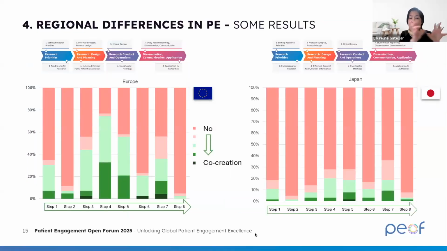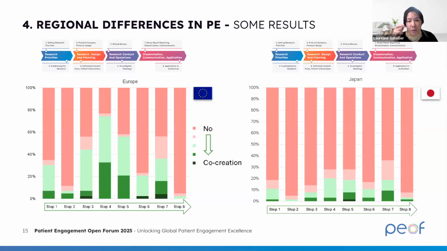So I showed you the tool. Now I show you what we could extract from the tool. You see on the left, Europe. On the right, Japan. You may look at the red and the green, and think, oh, it's so different, Japan and Europe. That's not really it.